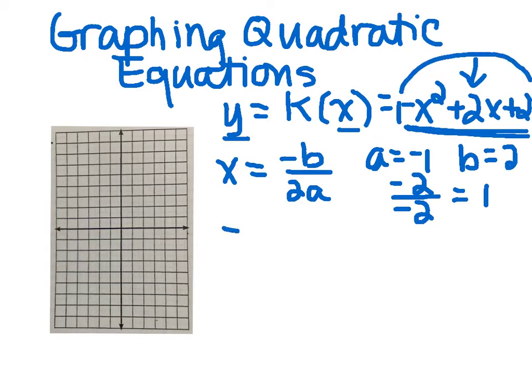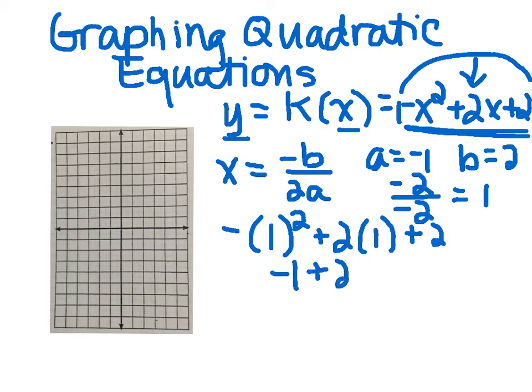So the opposite of 1 squared plus 2 times 1 plus 2. So that's negative 1 plus 2 plus 2 gives me 3, making the coordinates of my vertex 1, 3. So I'm going to go over here, I'm going to graph this.